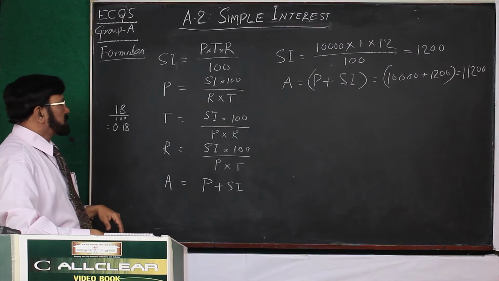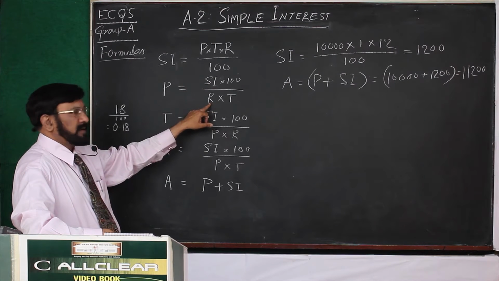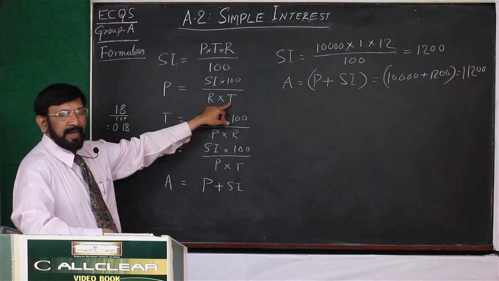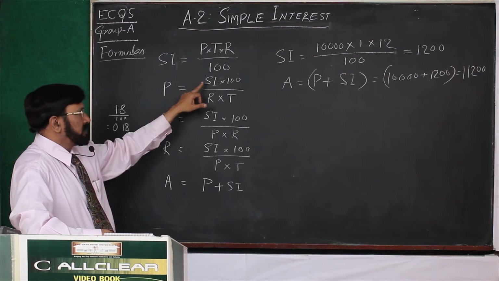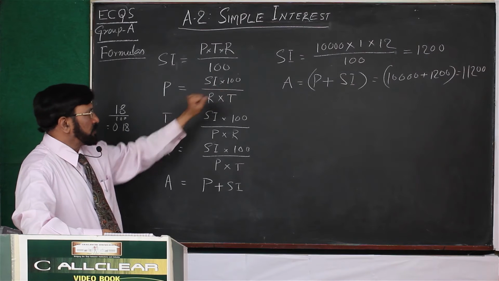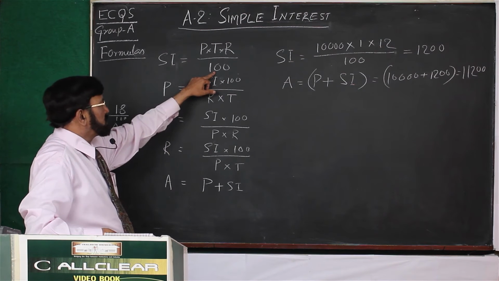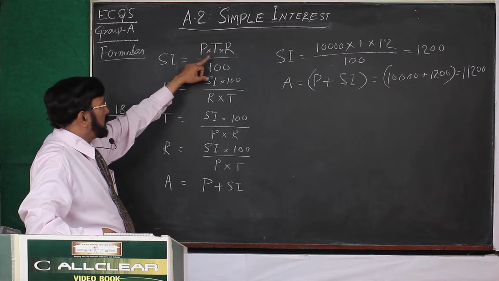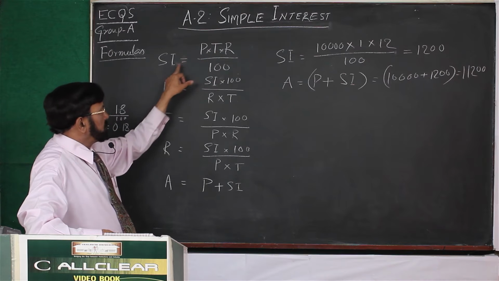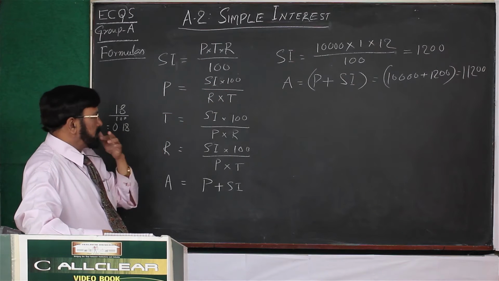Next, sometimes you may be given simple interest, rate of interest and time, and you have to calculate the principal. Then principal is simple interest into 100 by r into t. Simply, this 100 goes this side, so SI into 100, and r and t come this side: SI into 100 by r into t.